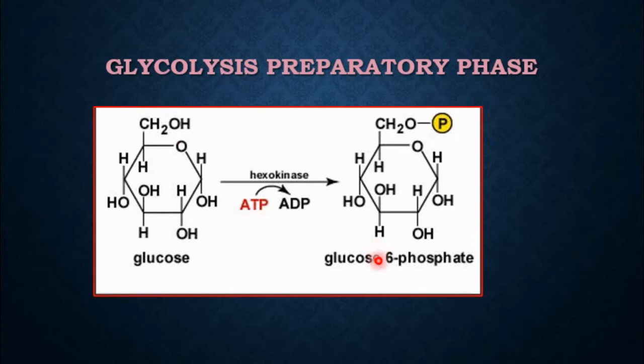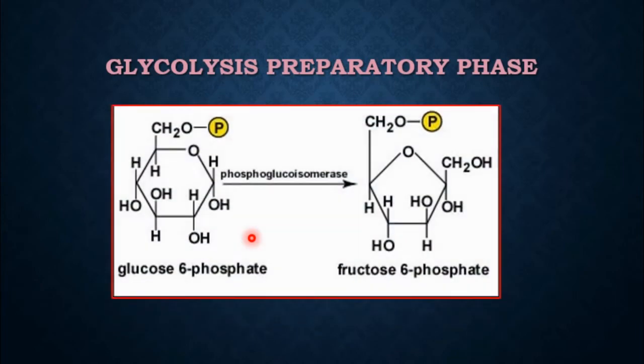The name 6-phosphate is given because the phosphate group from this ATP is attached to the 6th carbon of glucose. This step is catalyzed by the enzyme hexokinase. Every step in glycolysis has its own enzyme to catalyze. In this first step, ATP is converted into ADP because one phosphate group is transferred to glucose, making it glucose 6-phosphate.